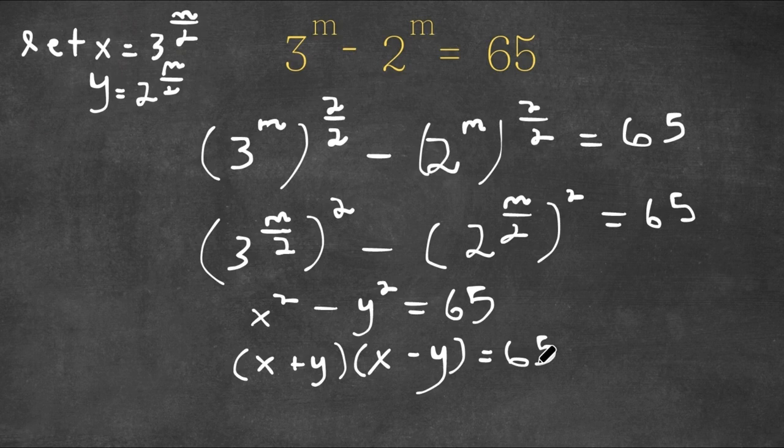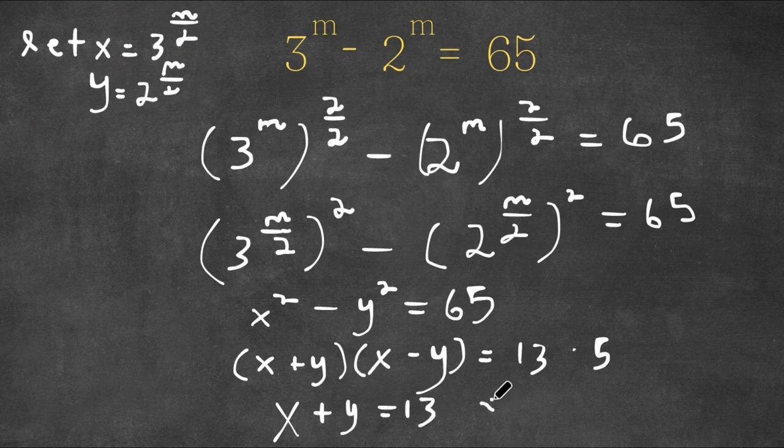So now, this is equal to 13 times 5, because 65 is equal to 13 times 5, meaning we could say that x plus y is equal to 13 and x minus y is equal to 5.